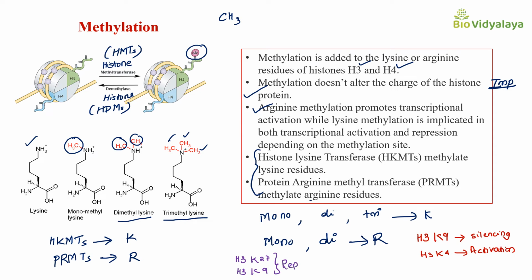That means silencing. As I told you that acetylation of these two, H3K27 and H3K9, will lead to activation, but methylation, that means dimethylation of H3K27 and H3K9, will lead to repression, that means silencing of the gene.